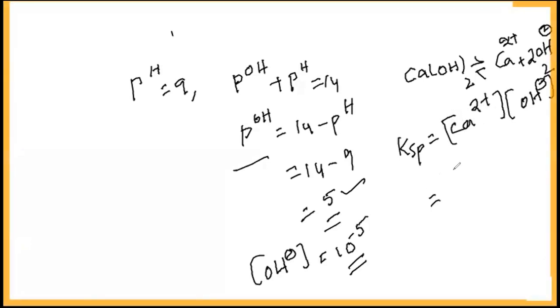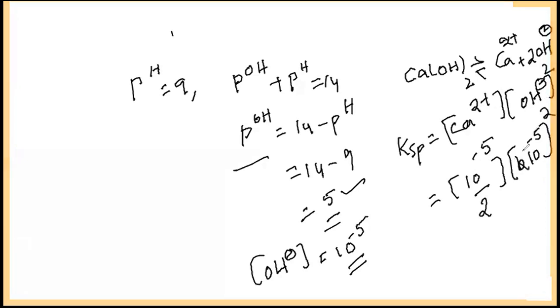Now here the concentration of Ca2 plus I'll be writing as 10 power minus 5/2, and the concentration of OH minus as 10 power minus 5 whole power 2. Means here 2 times it is there.